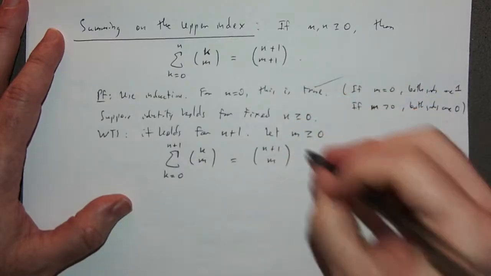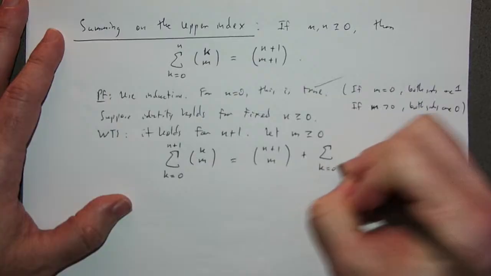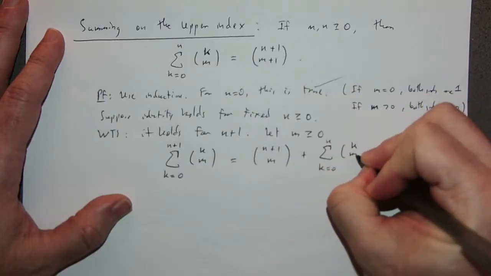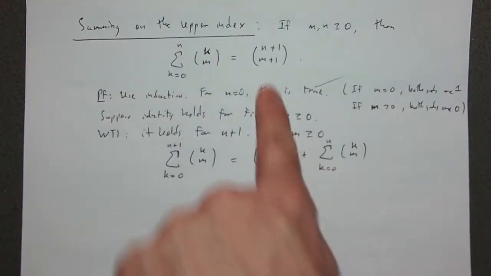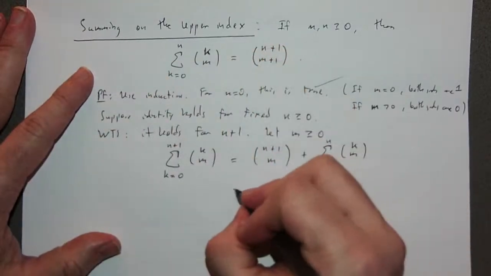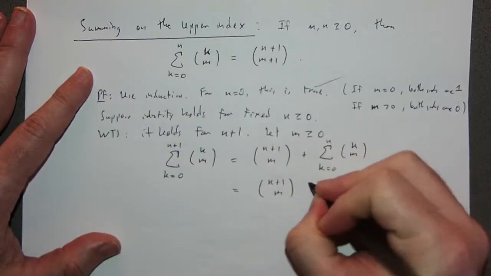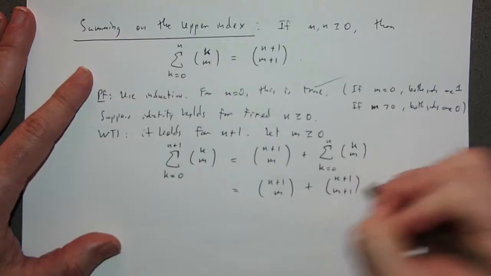I split that off from the rest of the sum, which is the sum from k equals 0 to n of k choose m. Of course, by the inductive hypothesis, this is n plus 1 choose m plus 1, so this is n plus 1 choose m plus n plus 1 choose m plus 1.